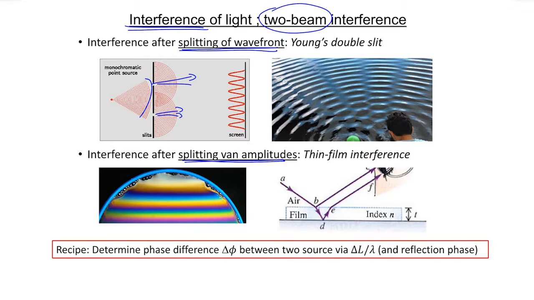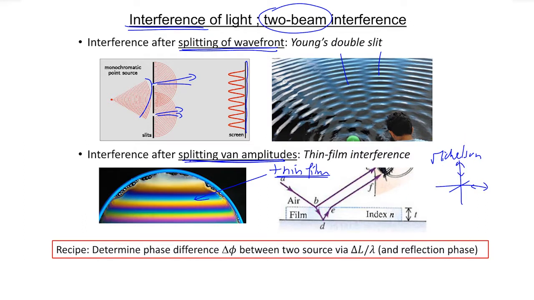In Young's double slit experiment, you nicely see constructive, destructive interference on a screen. You see a full pattern. In the other case, where you split amplitudes, I gave a couple of examples. For instance, here the thin film, interference in a thin film. But I also mentioned the Michelson interferometer as another case of interference with a beam splitter.